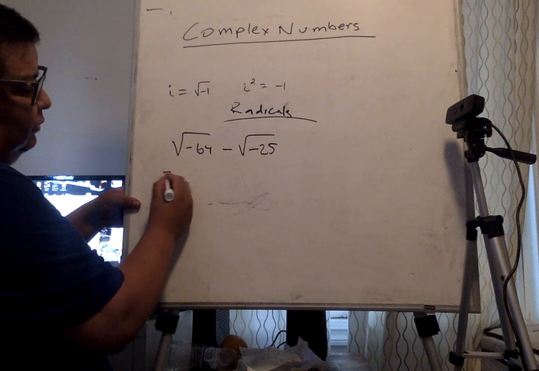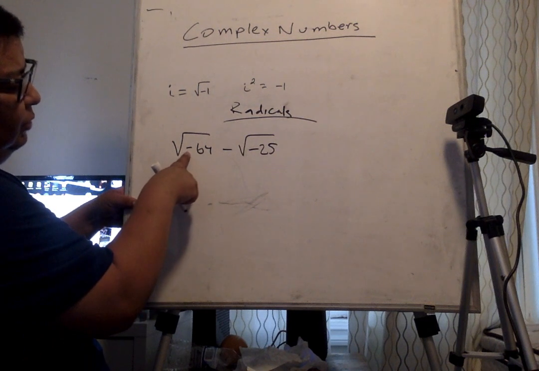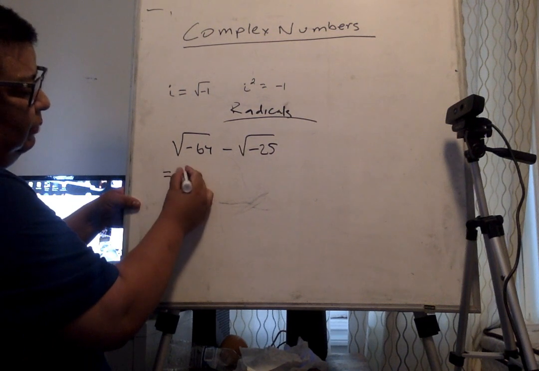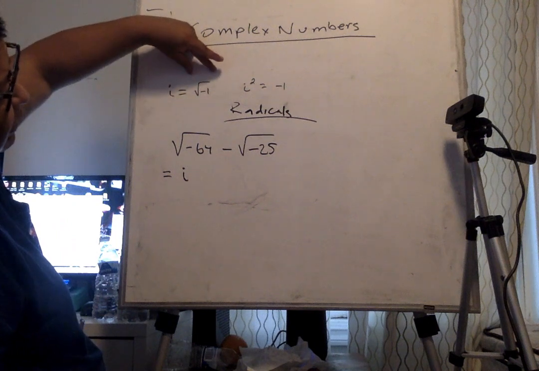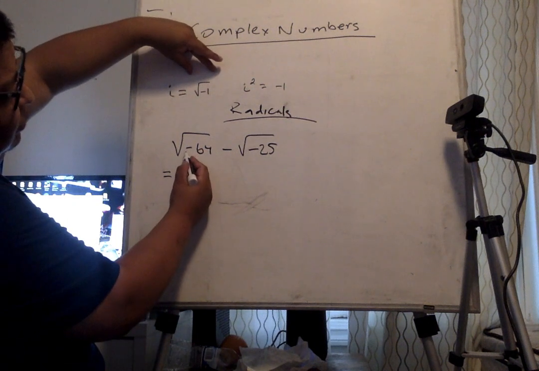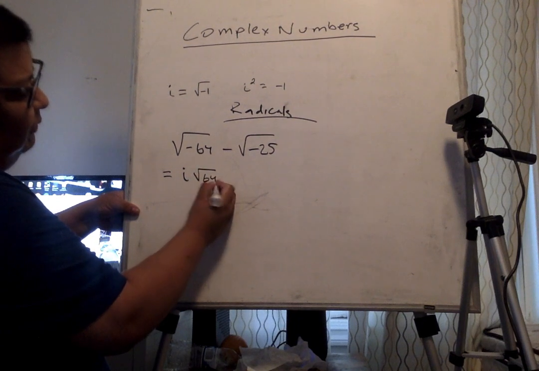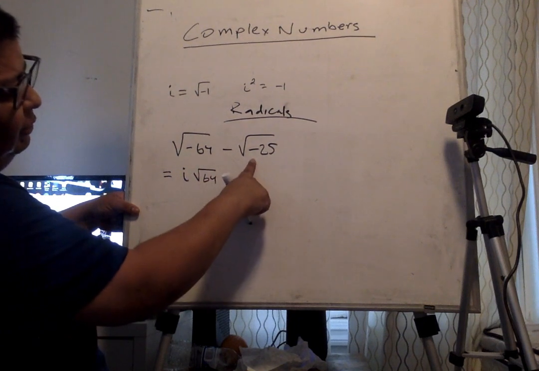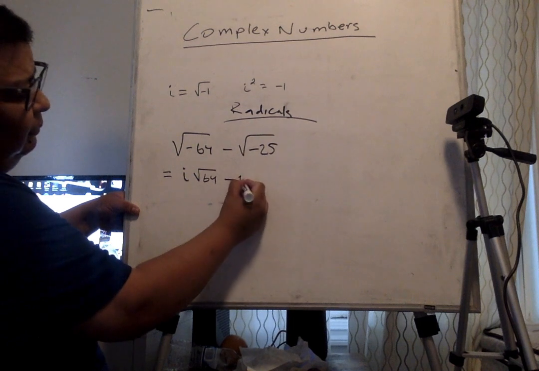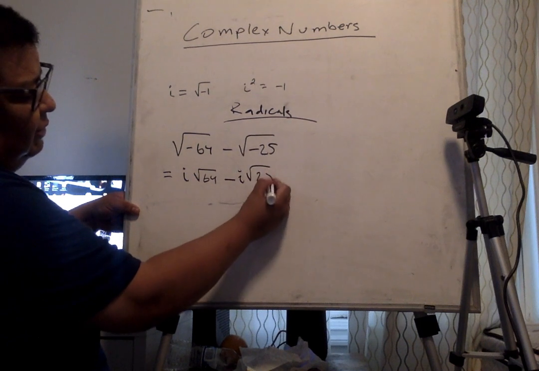The way you do it is first you get rid of this negative, and the way you do it is by taking out an i, because remember the square root of negative 1 is i, so we can pull out an i and leave 64 inside. We do the same thing here. We pull out an i and we leave 25 inside.